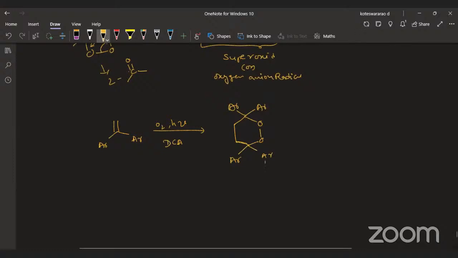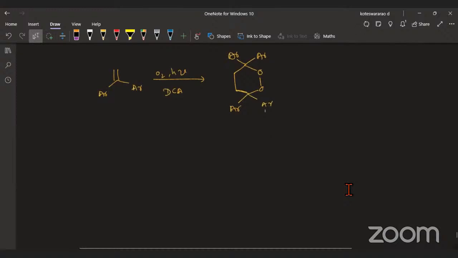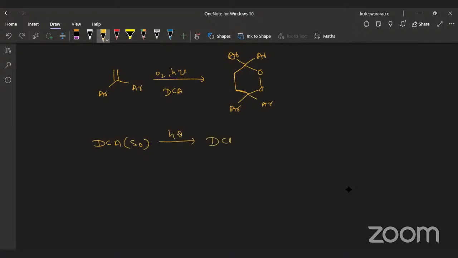How is it generated? Look at it. Similarly to the previous one, DCA is in the ground state. Whenever it is irradiated with light, it produces the DCA singlet state. Electron is transferred to this one.